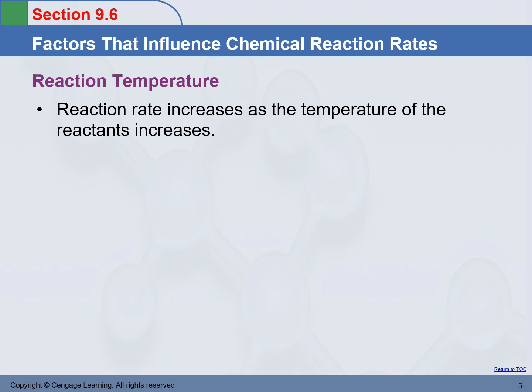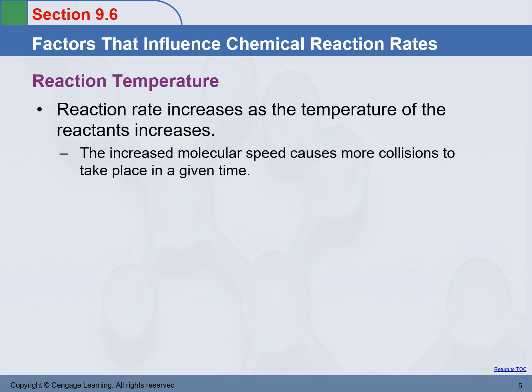Temperature, higher temperature, faster reaction. When temperature is higher, particles move faster. Particles have higher kinetic energy. That has two consequences. Number one, when they move faster, they collide more often. So more collisions, faster reaction.